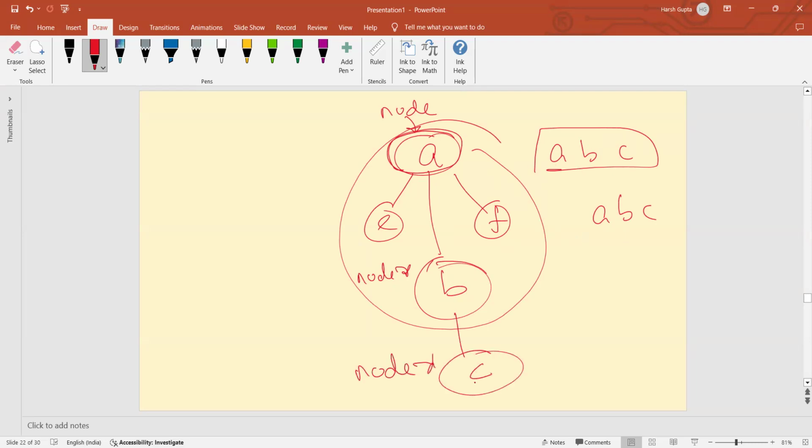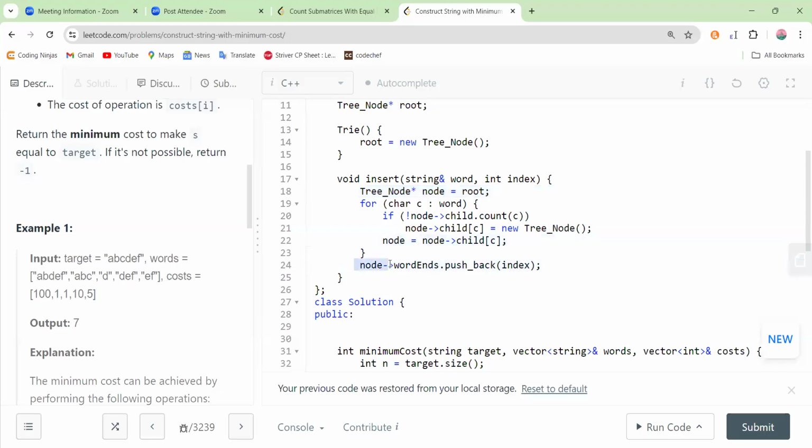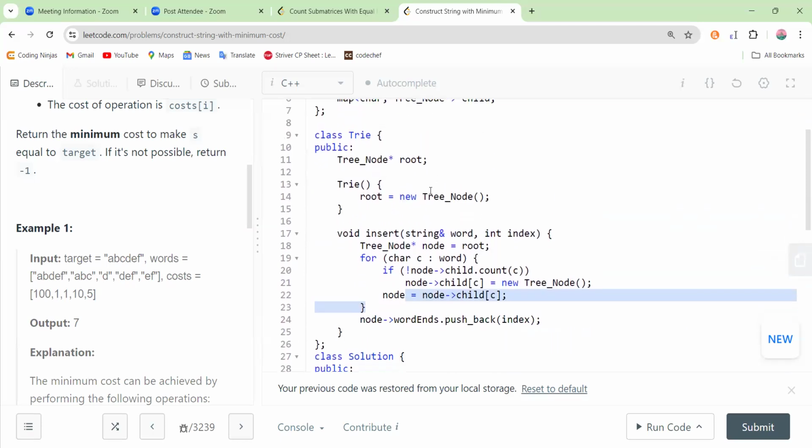Now you know that at this particular node there is a word ending, that this particular word ABC is ending at this node. So you need to simply push back the index of this word ABC. At the end, the node is pointing towards the last character, so in the wordEnds vector of this node, we simply push back this particular index of the string word. Okay, so this was the implementation of trie.